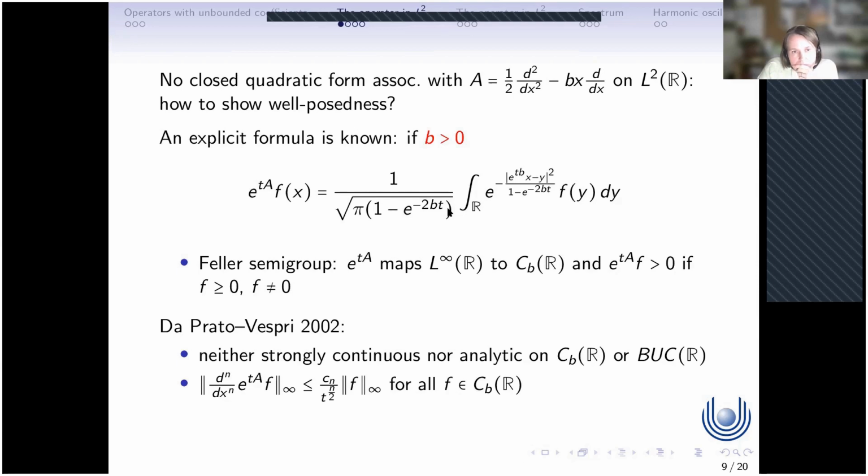And the problem is that Da Prato and Vespri showed that actually you have not so nice operator theoretical properties, in the sense that this semigroup is neither strongly continuous nor analytic on either of these nice spaces. You have good smoothing properties, so you can show some estimates on the derivatives of the orbits.